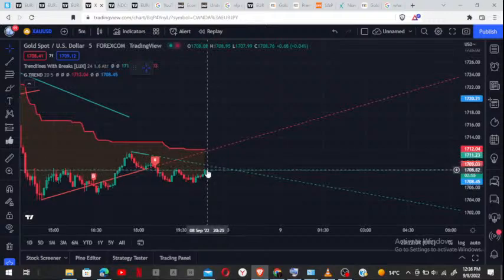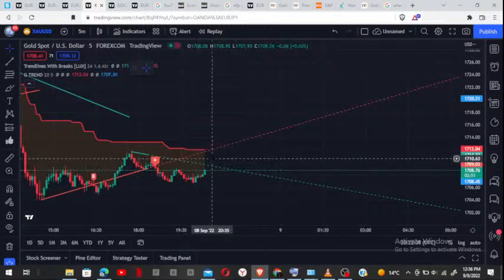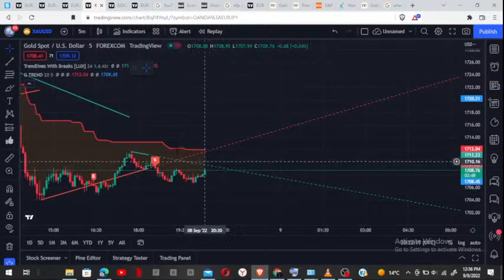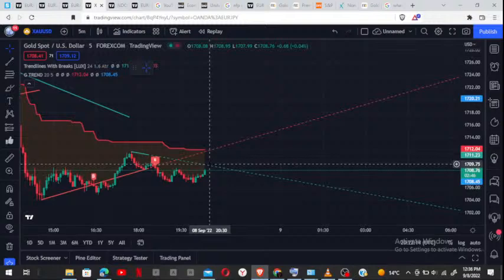So the chances are that if this breaks out of the green line, once the market gets to this point, the dotted lines will be green.